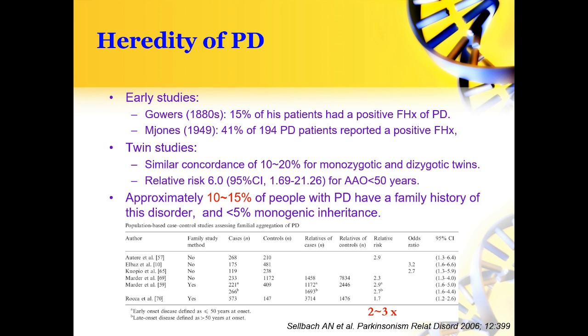Dr. Mjönes in 1949 showed 41% of his 194 PD patients had a positive family history. From twin studies, similar concordance of 10 to 20% for monozygotic and dizygotic twins, and the relative risk increased to sixfold for age onset less than 50 years.